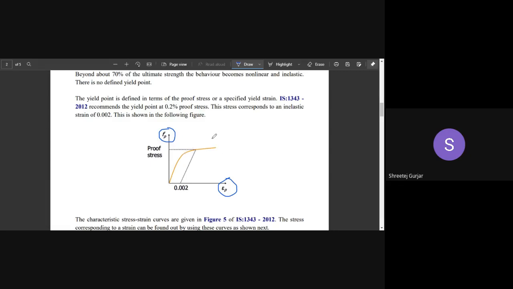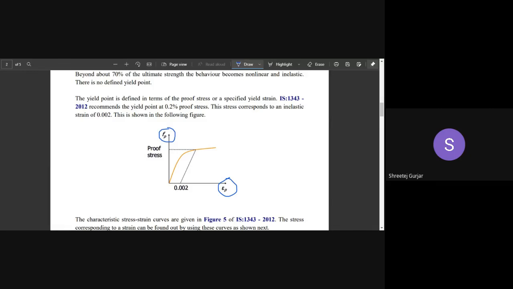Because there is no definite yield point here, to determine the yield point we use the proof stress concept, or a specified yield strength. What our code, IS 1343:2012, recommends is that we use the yield point at 0.2% proof stress.